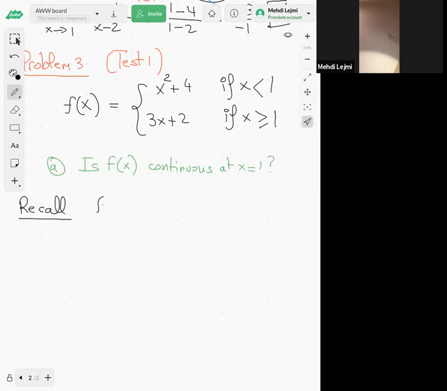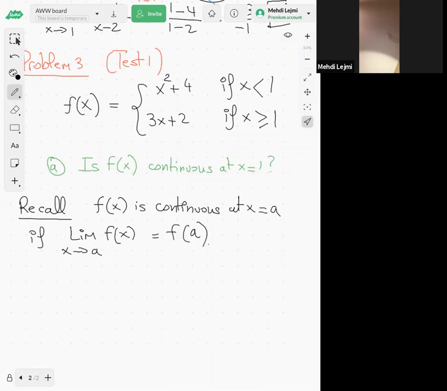Well, f of x is continuous at x equal to a if the limit of f of x as x goes to a is equal to f of a. That's the definition of continuity.